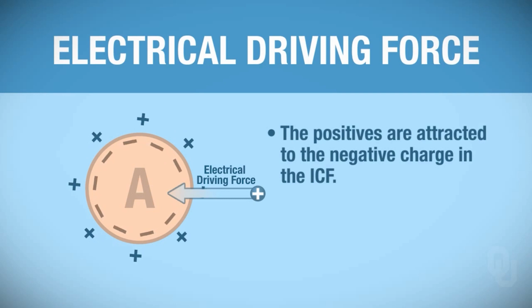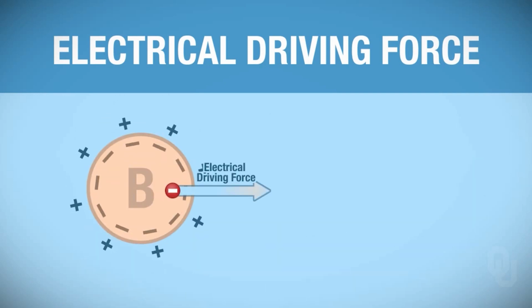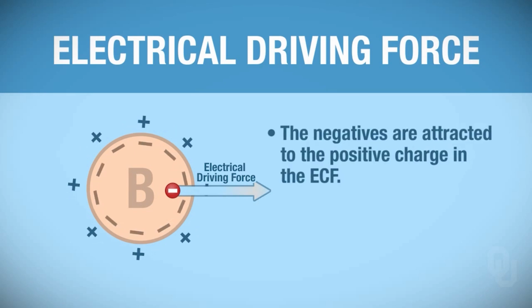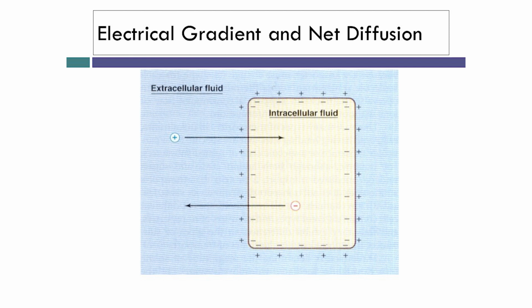Remember, opposite attracts. So in letter B, the negatives are attracted to the positive charge in the ECF. Again, opposite attracts. So electrical gradient and not diffusion. So positive going inside the cell, negative going outside the cell.